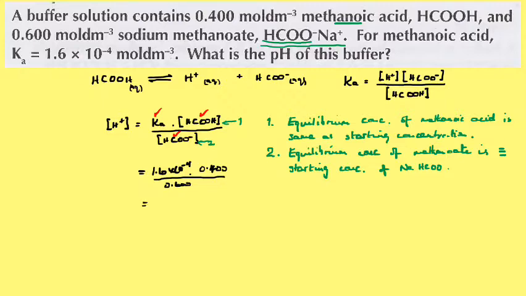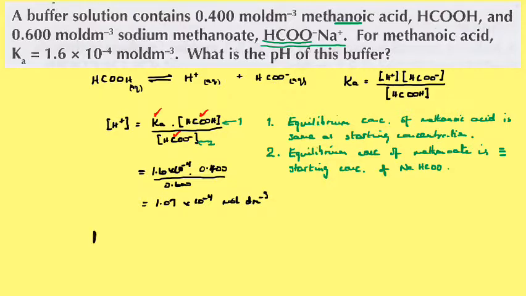And when we feed that into our calculator, we're going to get 1.07 times 10 to the minus 4, and its concentration, so we've got moles per decimeter cubed. And that's the tricky bit, because you remember converting from hydrogen ion concentration to pH, it's quite easy.